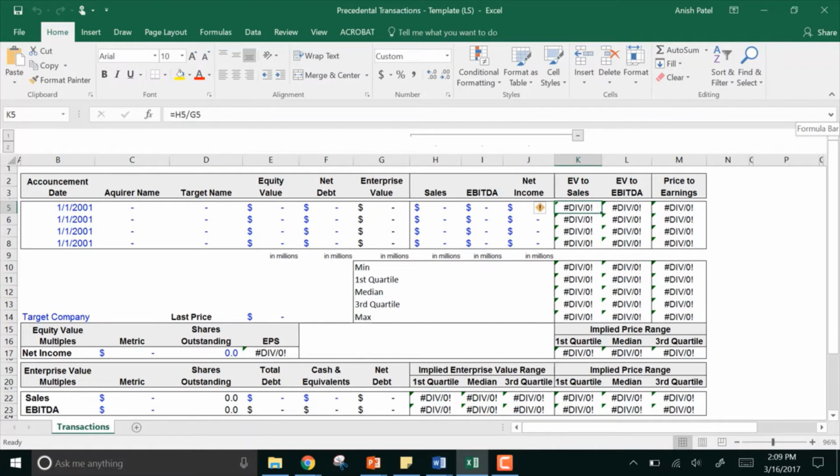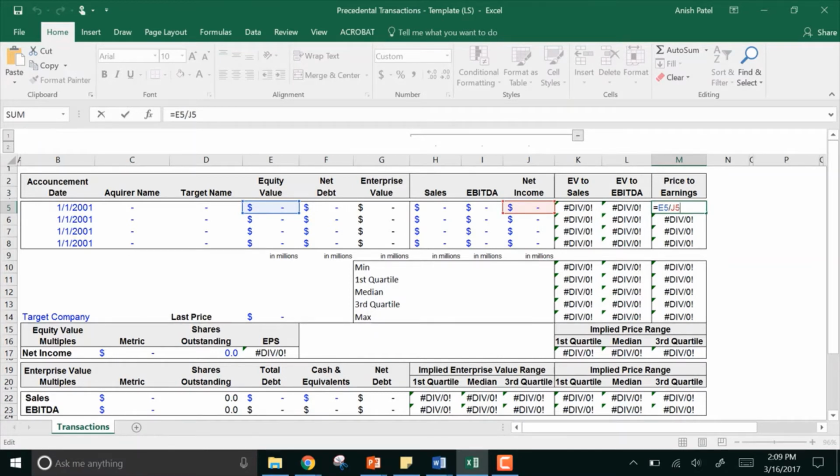The different multiples that we can look at are enterprise value to sales, which would be simply taking the enterprise value and dividing by sales. You can look at enterprise value to EBITDA, which would be enterprise value over EBITDA. And finally, price to earnings, which is, like I mentioned before, the equity value multiple. You can just take the equity value that it was bought at divided by the net income of the company.